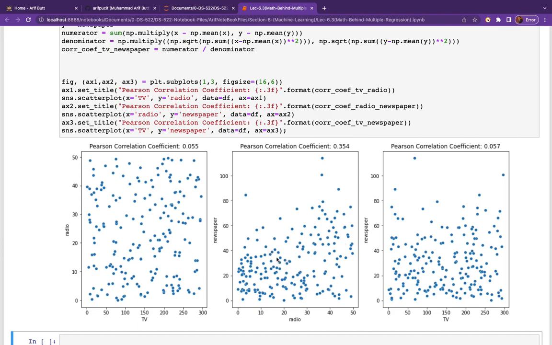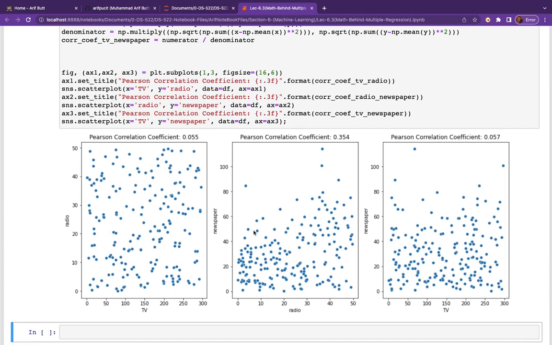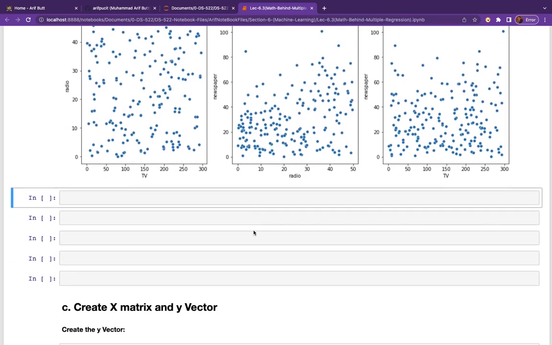However, this middle scatter plot shows that radio and newspaper has a moderate positive relationship with a correlation coefficient of 0.354. I think that is negligible, so we can keep all these three variables in our dataset for the time being. So there are no issues of multicollinearity as well as overfitting. Let's move ahead now.